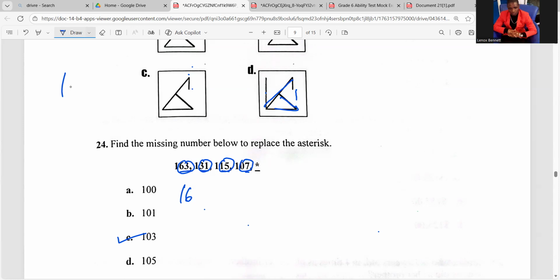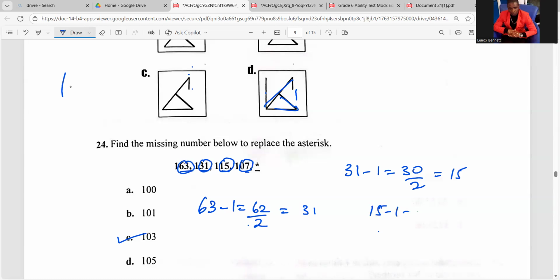So this is what I think they did. 63 minus 1 gives us 62, and you divide by 2, you get 31. Let's check it again. 31 minus 1 equals 30, and then you divide by 2. You see it? 15 minus 1 gives you 14, divide by 2. But your method, it worked for you. All right, so good job.